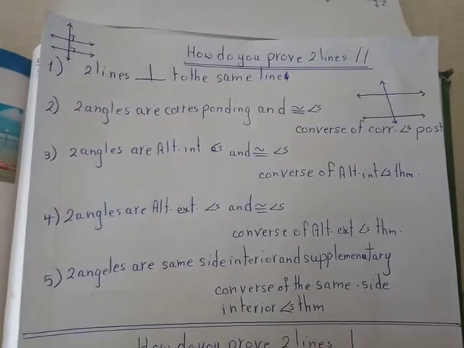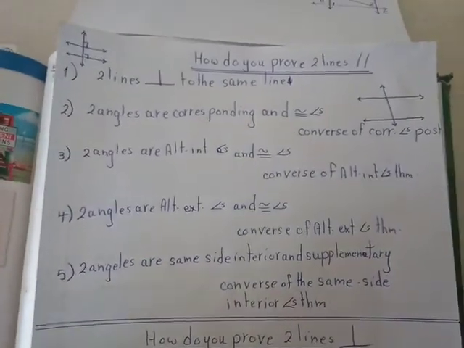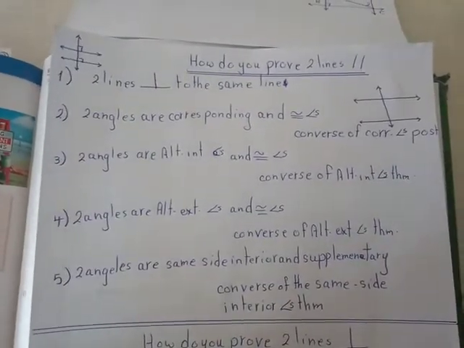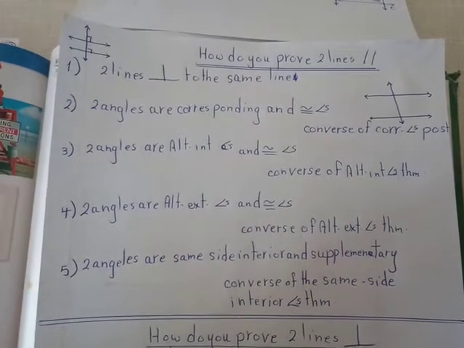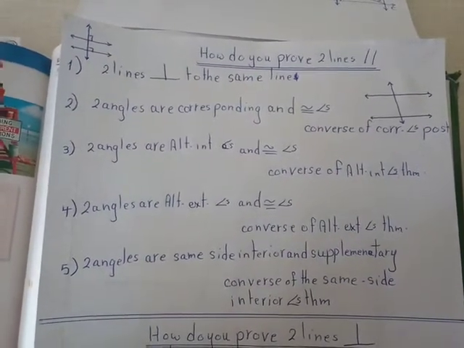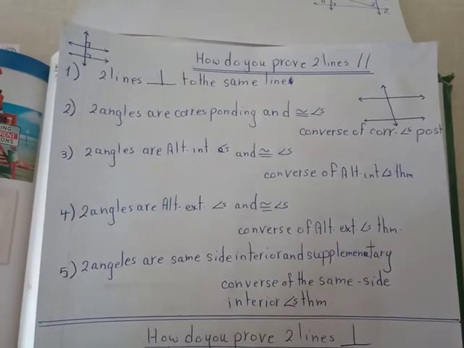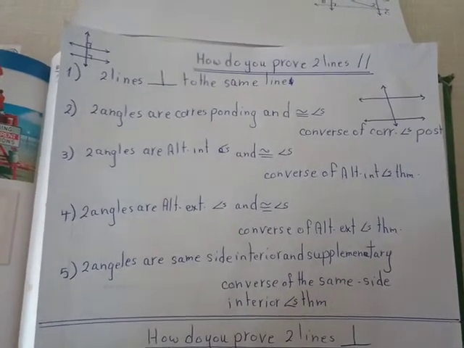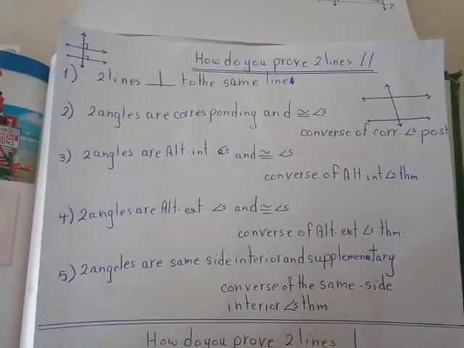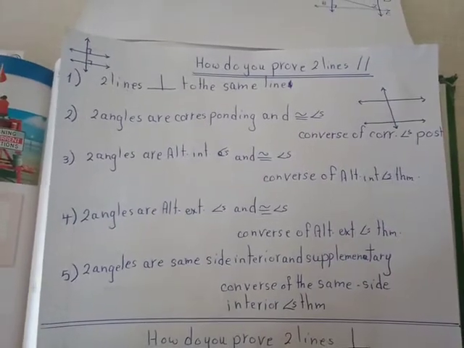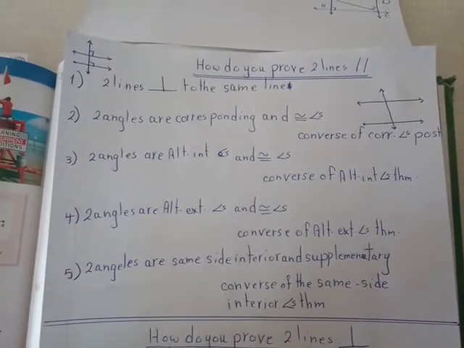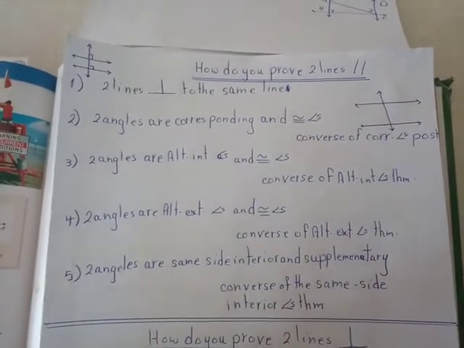Number 4, two angles exterior. Two angles are alternate exterior angles and they are congruent, so the two lines will be parallel by the converse of alternate exterior angles theorem. Number 5, if we have two angles and they are same side interior and at the same time they are supplementary.